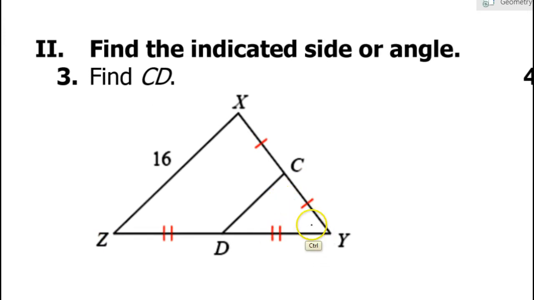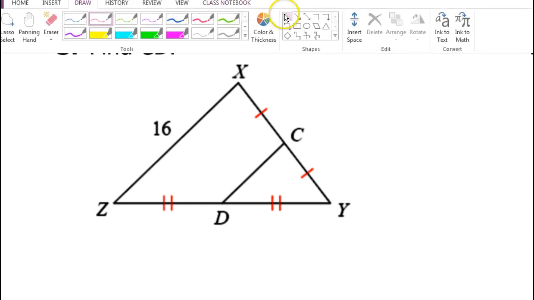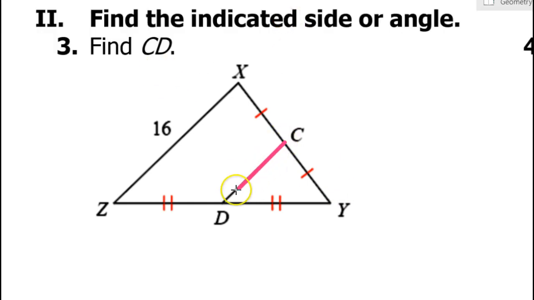Find the indicated side or angle. So we're supposed to find CD. So that means this is our target, this midsegment right here. We know it's a midsegment because of these tick marks. But as we discussed on the previous screen, the midsegment should be half of the side of the triangle to which it is parallel.